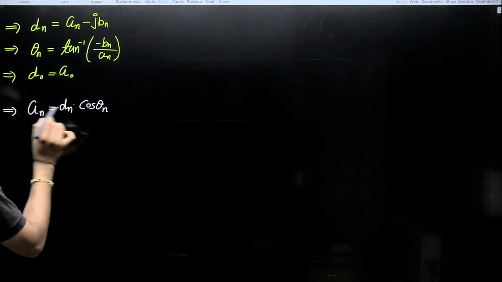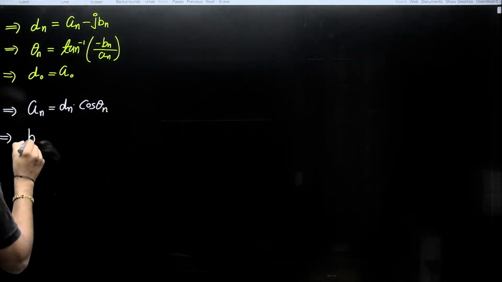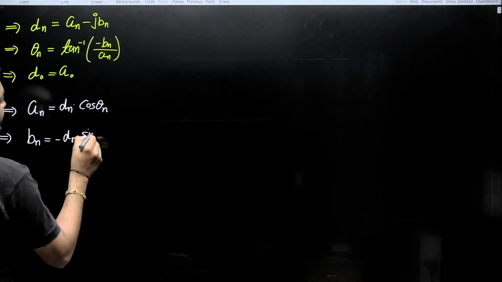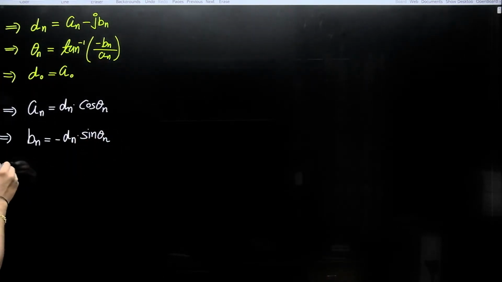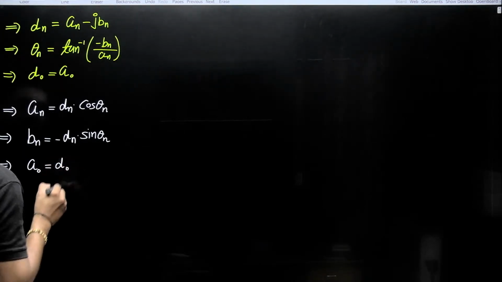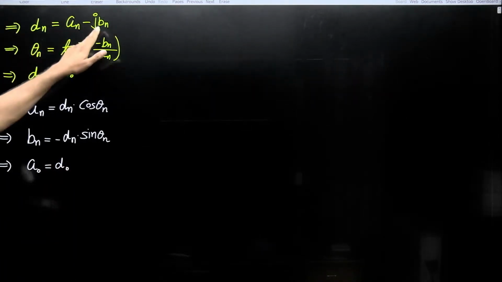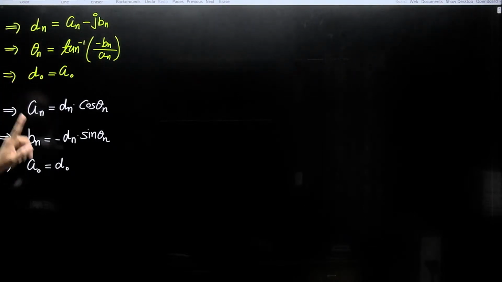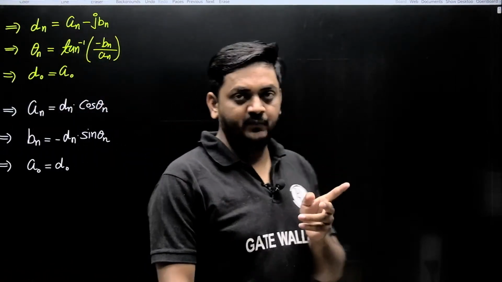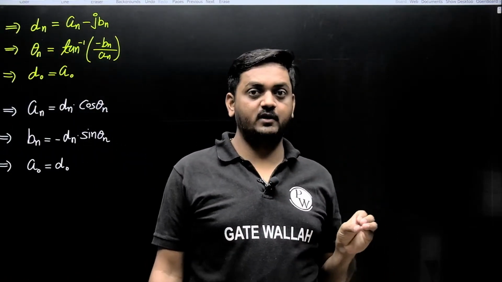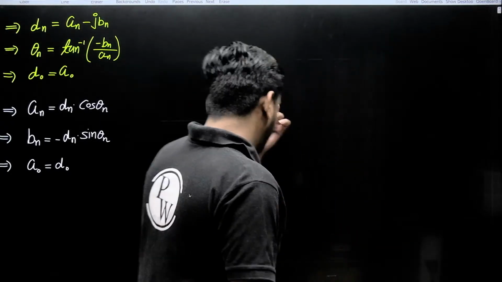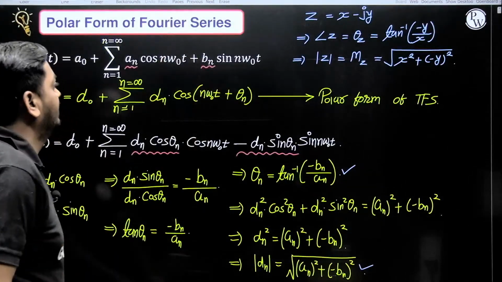Similarly, bn is minus dn sin theta, correct? So if we have an and bn, then we can find dn, theta and d0. If we have dn and theta, we can find an, bn and a0. This is the relationship between the coefficients of the polar form of the trigonometric Fourier series and the trigonometric Fourier series. Correct? Fine. Okay.